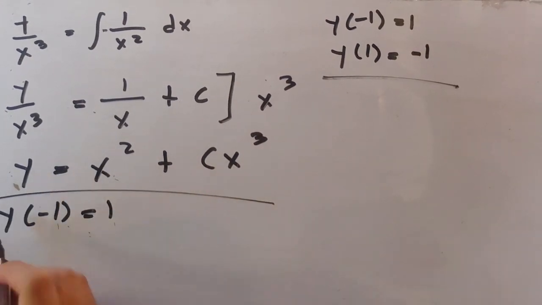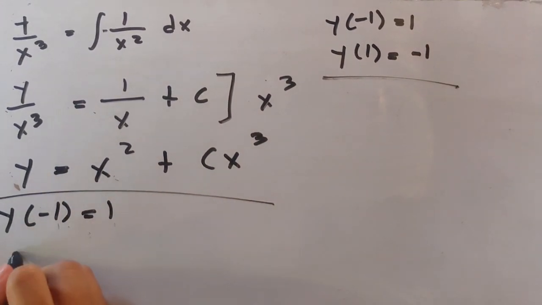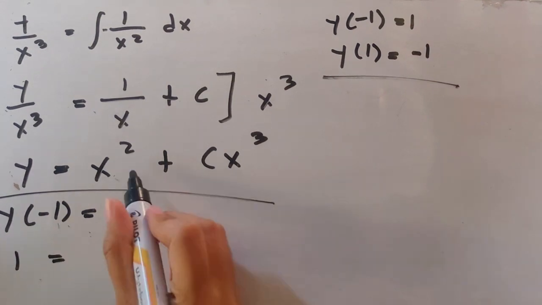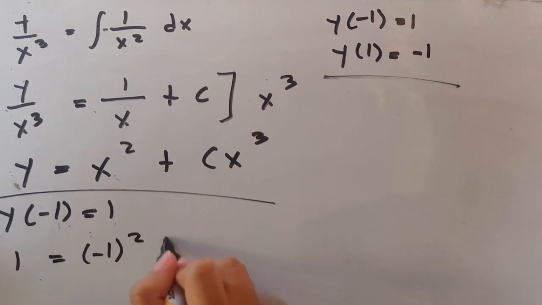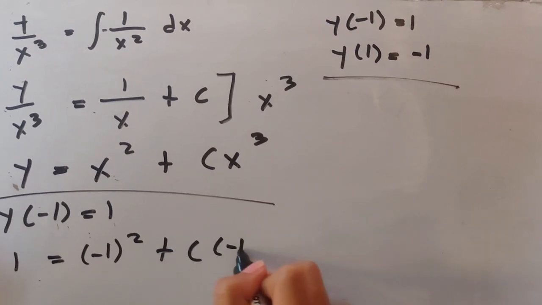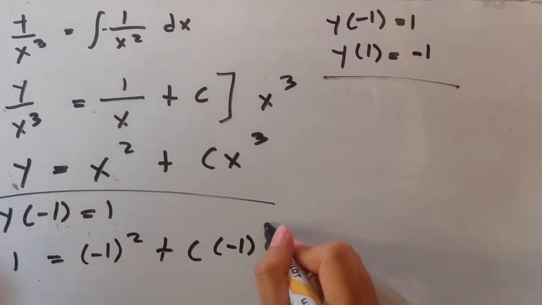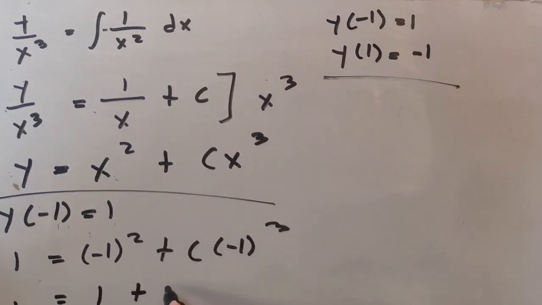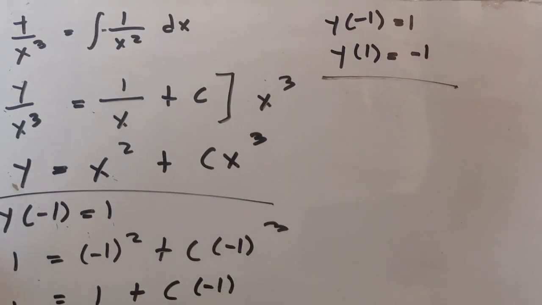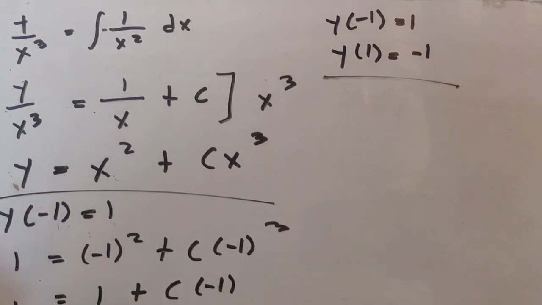So 1 is equal to negative 1 squared plus c times negative 1 cubed. So 1 is equal to 1 minus c.